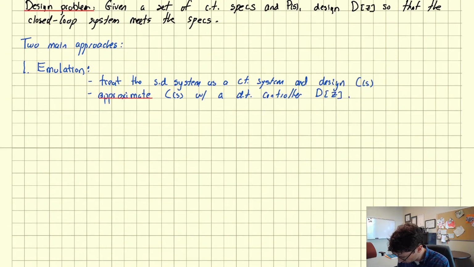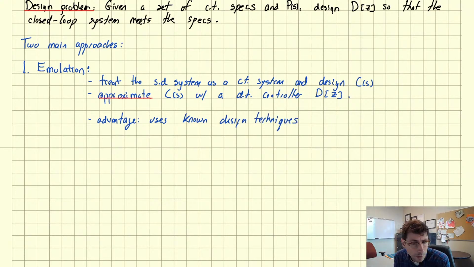So the advantage is it uses known design techniques, plus some that you maybe don't know that we're going to go over in this course, right? So we'll learn some continuous time design techniques, and then we can apply them to this problem. And so that's nice.